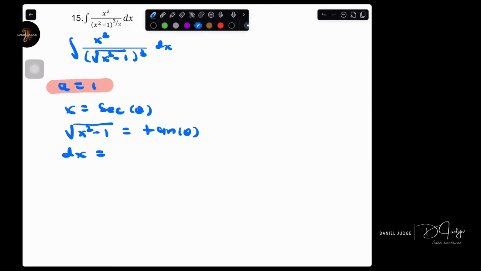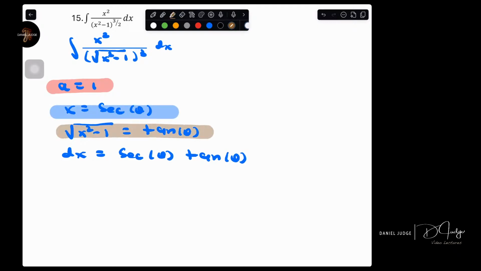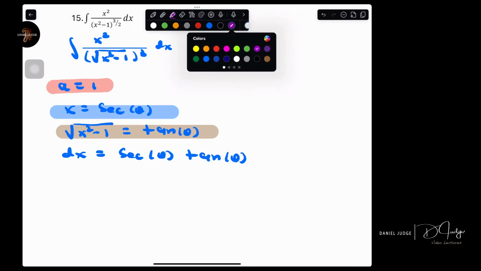The derivative of secant is secant tangent. So you got the blue, you got the gold, we have the purple.